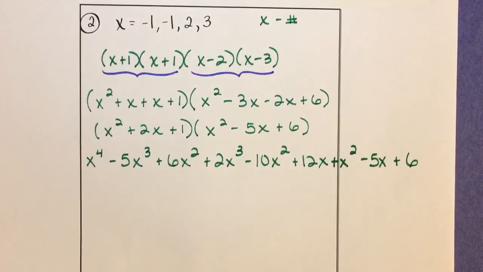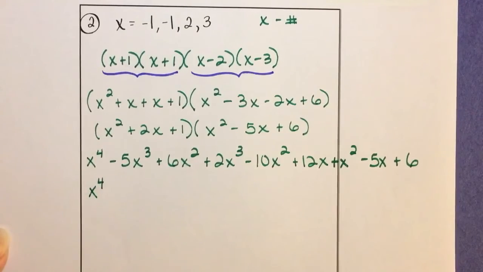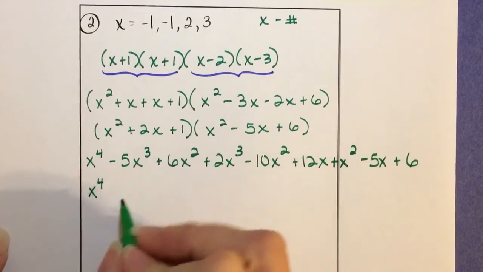Okay, now at this point it's just a matter of combining like terms. So I only have just the 1 term that's a 4th power. Now third powers, combine these together and you'd have a -3x cubed.